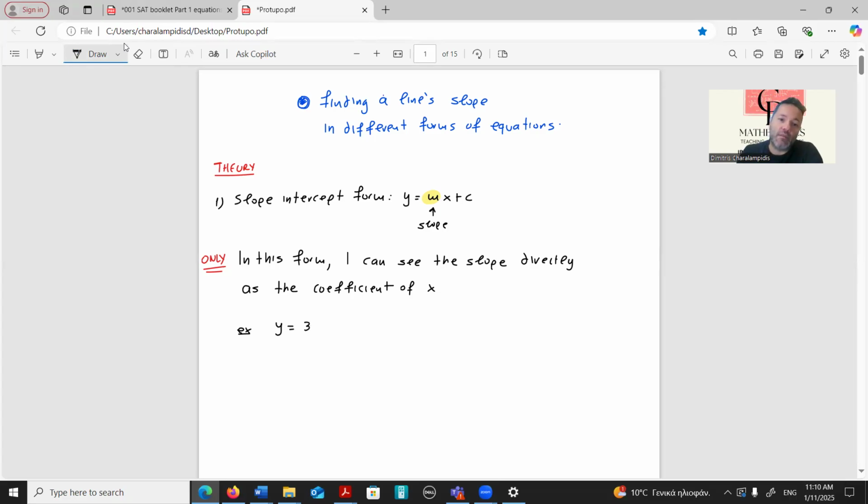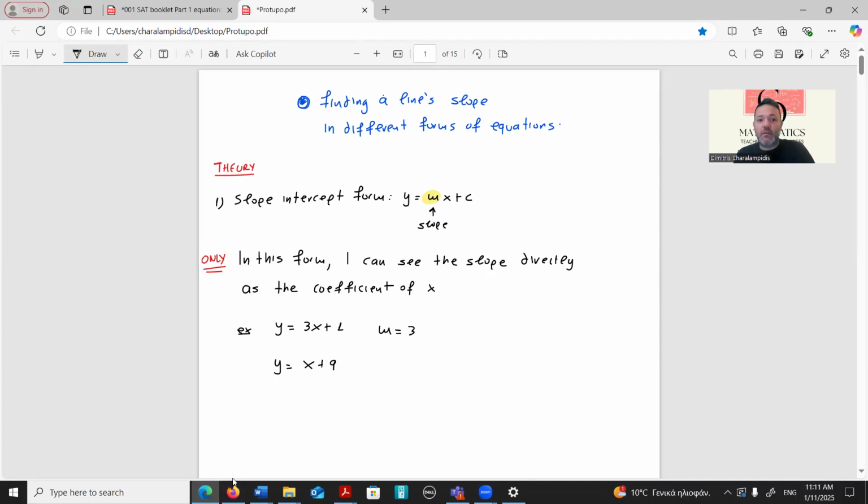y equals 3x plus 1. Obviously, as I stated before, it's the slope-intercept form, so I can see directly the slope as the coefficient of x. So in this case, the slope should be 3. y equals x plus 9. Again, it's a slope-intercept form, so I can see the slope directly as the coefficient of x.